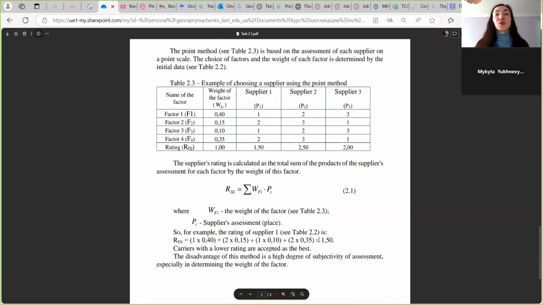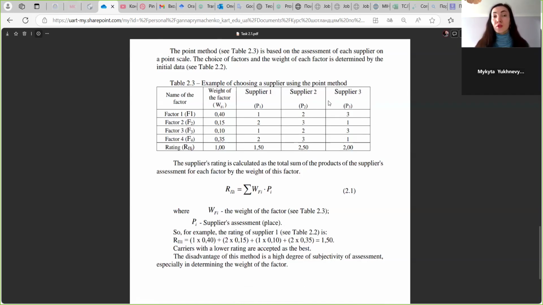Our rating is also in points, so we don't write any unit. It is not percent, it is not hryvnias or something else. It is special points, a quality characteristic for every supplier. So after that, we calculate the rating for the second supplier, for the third supplier, and so on.